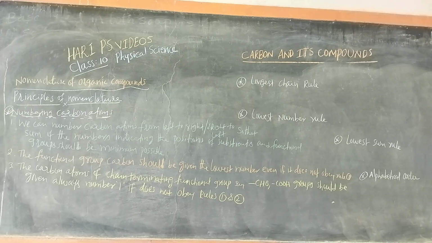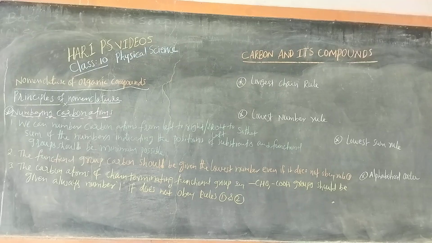So what is the use of that? The sum of the numbers indicating the positions of substituents and functional groups should be minimum possible. So if any carbon atom has substituents, for that carbon atom we need to give the minimum, the smallest number.